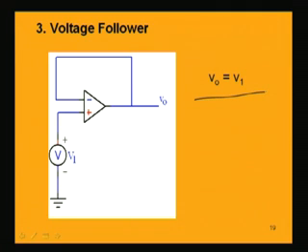Whatever input voltage you apply, the output voltage is the same; it is used as a buffer. That is why it is called a voltage follower, where the output and input voltages are the same.